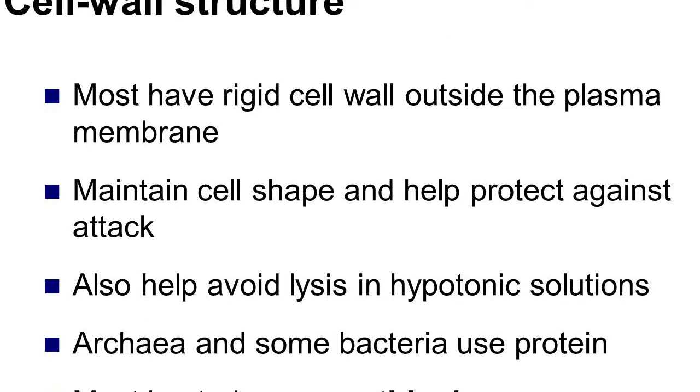So if this is the plasma membrane, this would be the cell wall, and then, as I mentioned before, you have the capsule, or your glycocalyx, or your mucilage. So again, first ring would be your plasma membrane, the second would be your cell wall, and then that very outer layer here would be your glycocalyx capsule, your mucilage, you might call it there, right?